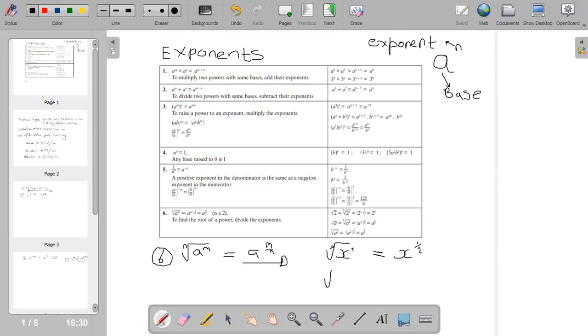If we have the cube root of x exponent 2, the answer will be x exponent 2 divided by 3. So we take the power and divide the exponent with it. So those are the rules of exponents.